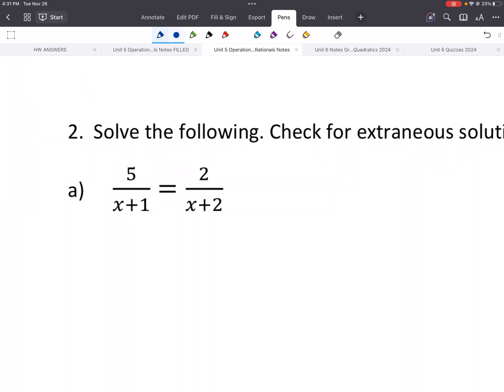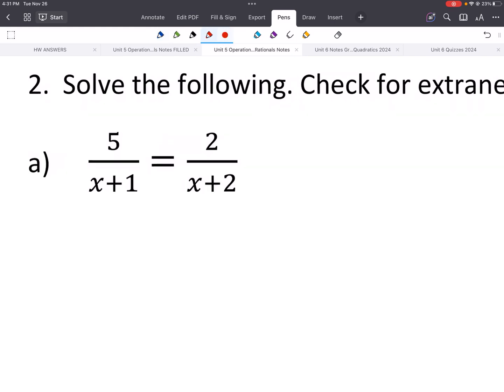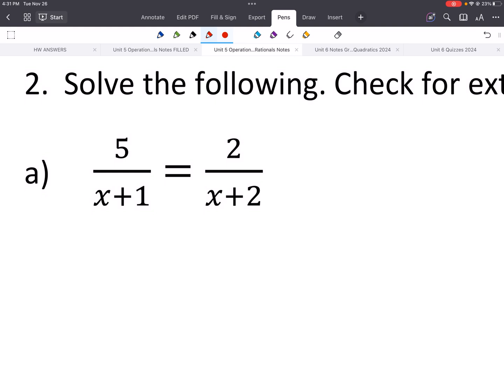All right, last two. This is solving, so we need to have a common denominator, and we will be able to cancel by multiplying both sides by the denominator. Here we've got an x plus 1, but we don't have one on this side.